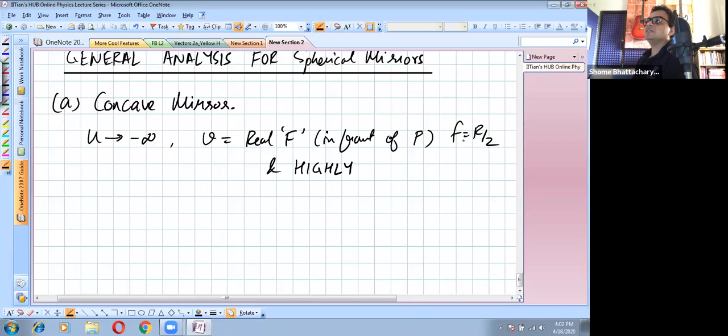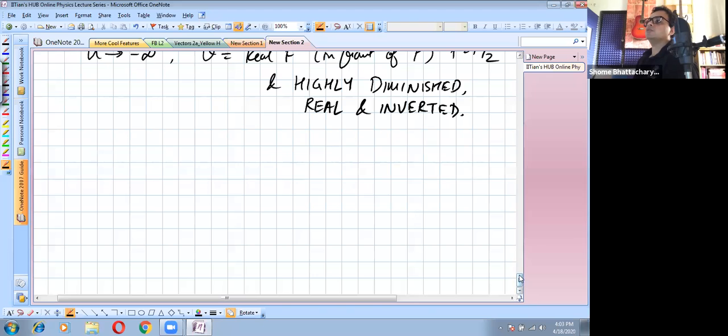So your image distance v is actually minus of whatever the radius is in centimeters divided by 2, whereas your object distance is tending to infinity. So your magnification is almost tending to 0 as u tends to infinity. So it is highly diminished, real and inverted. For this, I don't need to draw any ray diagram, just the analysis of what the definition of focal point was telling me.